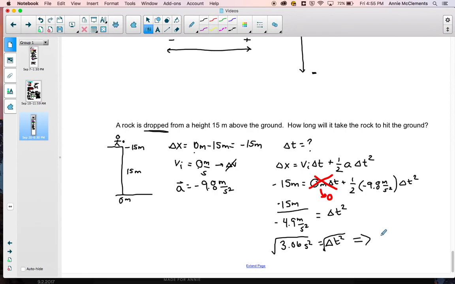So now we get delta t equals 1.75 seconds. Cool. So it'll take 1.75 seconds for that rock to fall 15 meters. The only thing that we knew from the question was how high it was dropped from. We had the acceleration provided because the only thing acting on it is gravity.